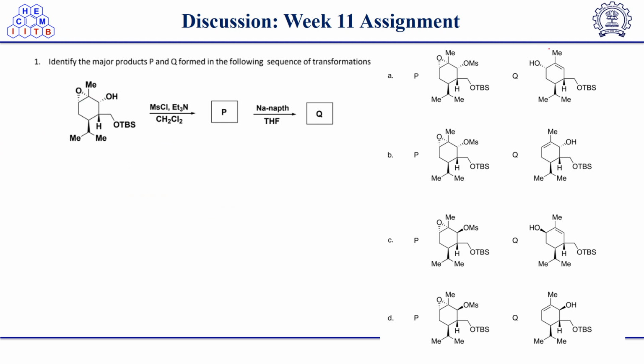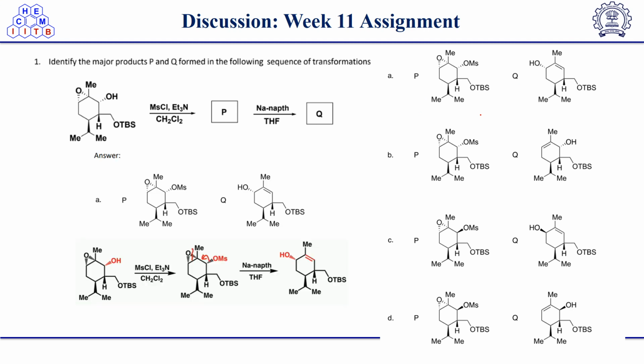That is, this OMs will be eliminating. So here is the transformation that is given here. After getting mesylated, this bond will shift to here and this epoxide ring will be opened. So here it will be OH along with an alkene formation at this position.